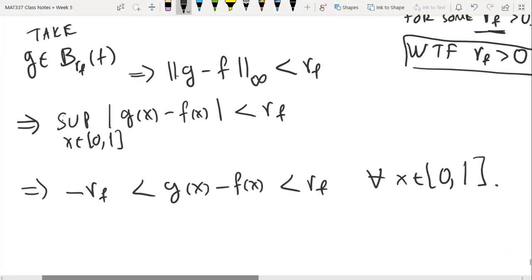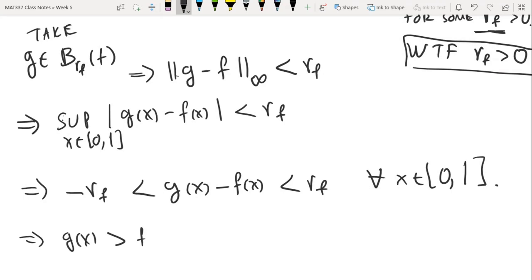All right, so we have this, and so g of x is bigger than f of x minus r f. Now, we want this to be positive. How can we do this?